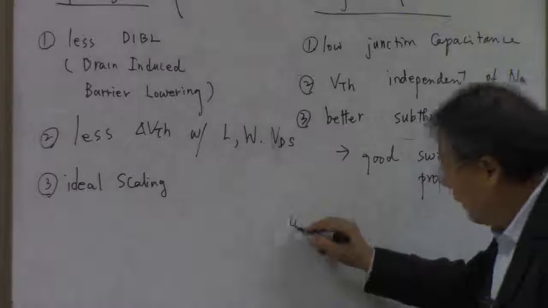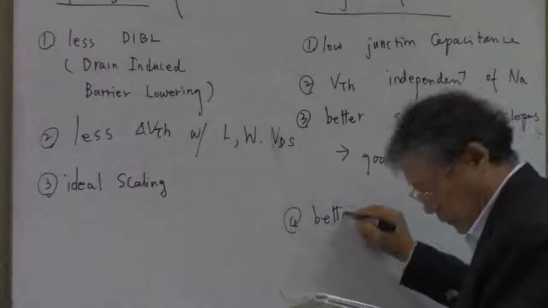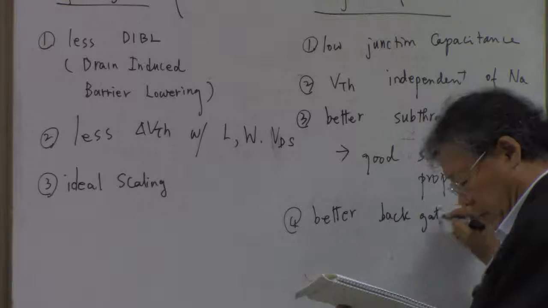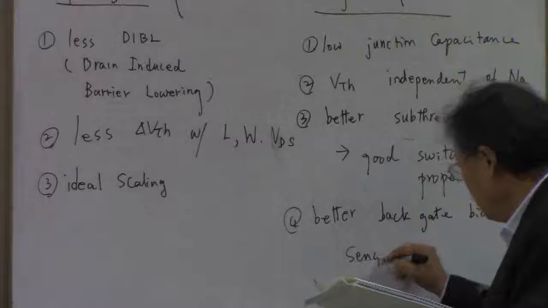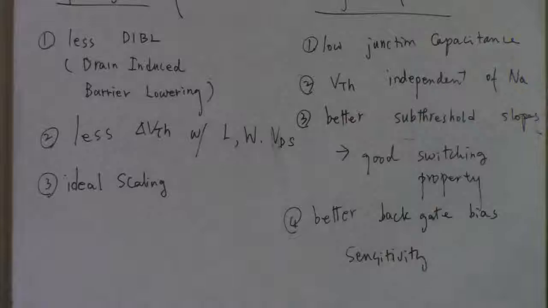Okay, and then finally we have a better back-gate bias sensitivity. These are all good points of having a low resistive substrate. So we have to compromise between these two, right?